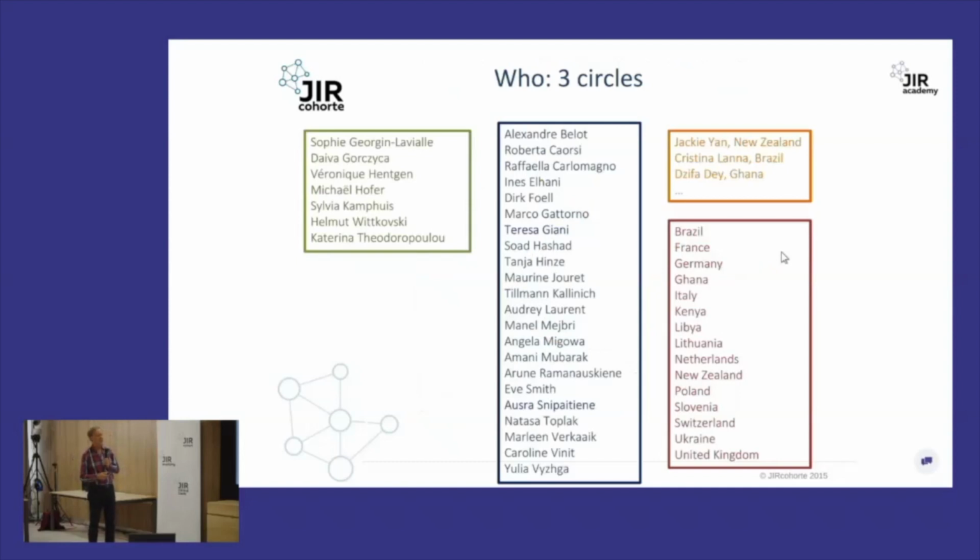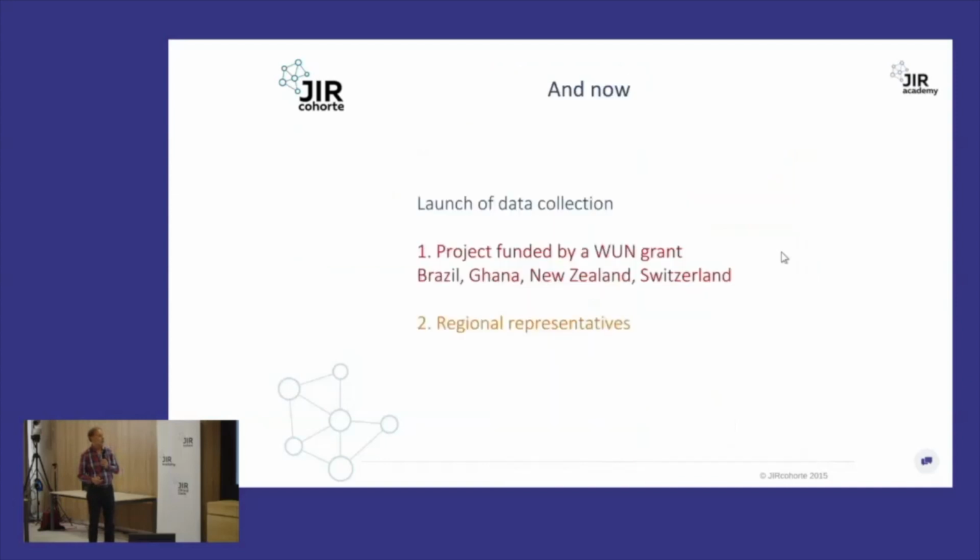In green, you see Circle 1, in blue, Circle 2, and in orange, already 3 persons from Circle 3. I will come back to this in a few minutes. And you also see how many countries are already participating in this project. So really, we are eager to have lots of participation. So if you are interested, really, you can contact us.